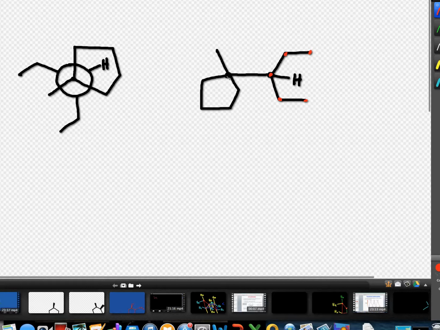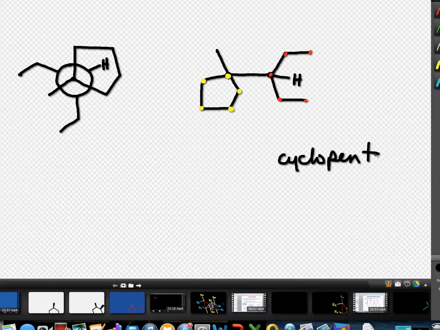We could also name this as a cyclopentyl group or as a cyclopentane. And I think that the latter is probably the better choice. So let's go cyclopentane. And of course we'll want to call this carbon 1. And so we're going to have 1 methyl.